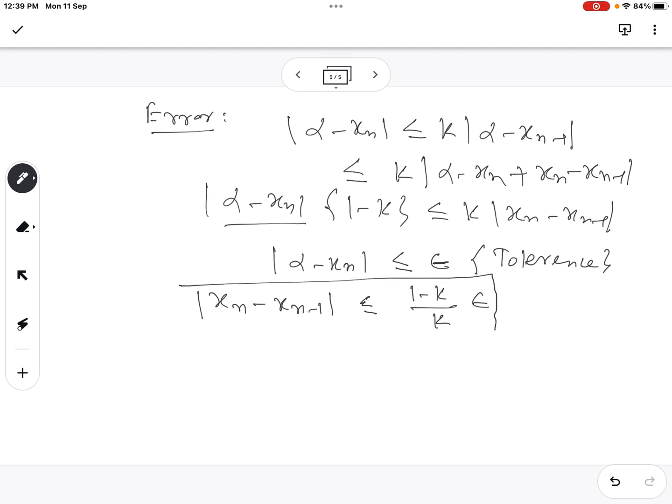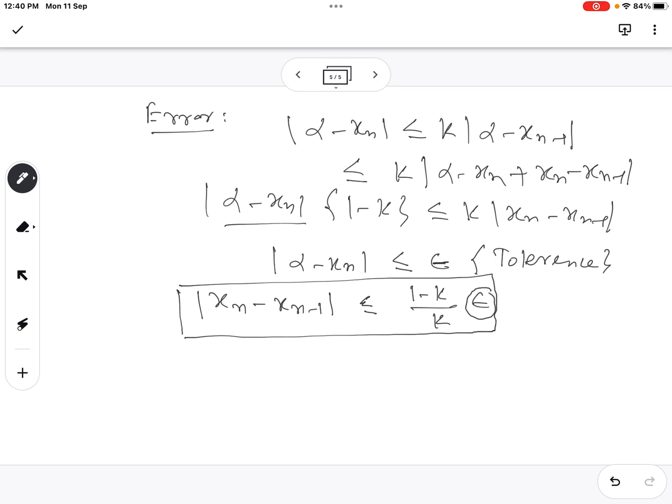So if I have decided beforehand what my error is, then I can find out after how many iterations I need to stop the calculations. Once again, let me repeat that if I have decided that this is the tolerance, then I can ascertain after how many iterations I need to stop the iterations.